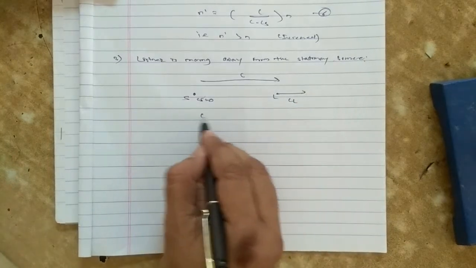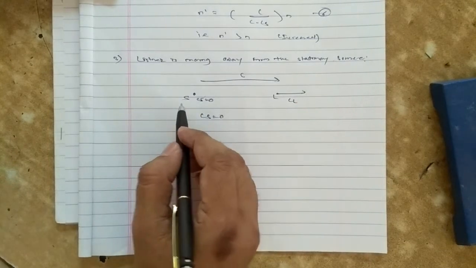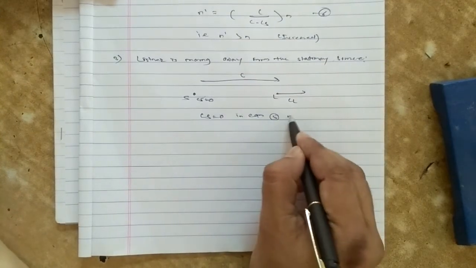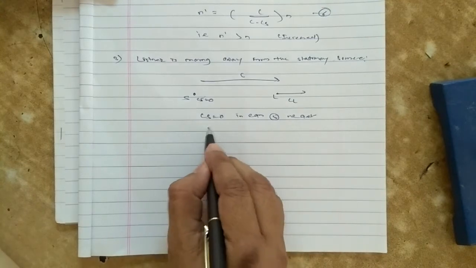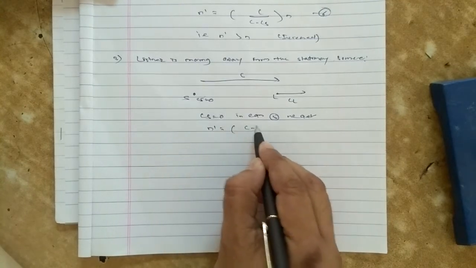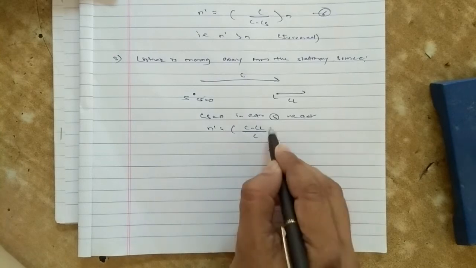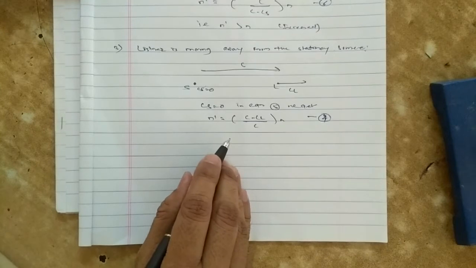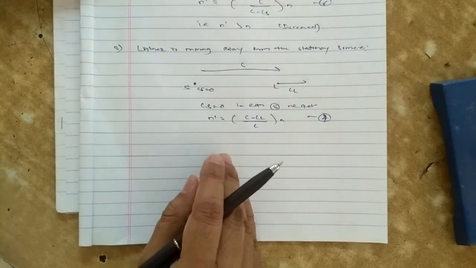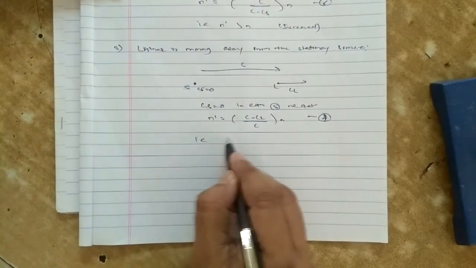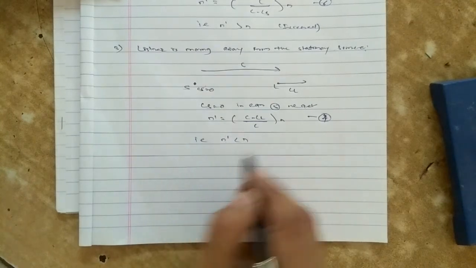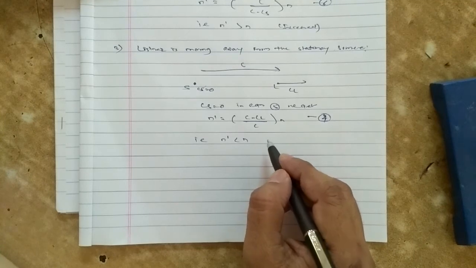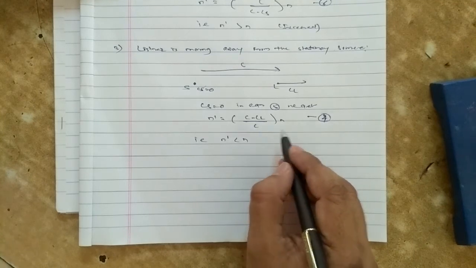Therefore, using Cs equal to 0 because the source is stationary, in equation 5 we get n prime is equal to (C minus Cl) upon C into n. This is equation number 7. When the listener moves away from the stationary source, n prime is less than n, and the apparent frequency of sound heard by the listener is decreased.